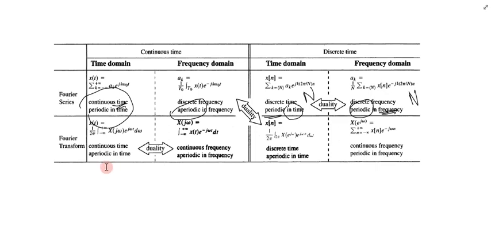If you have aperiodic signals, then you calculate the Fourier transform. You have studied it also in the signals and systems course.